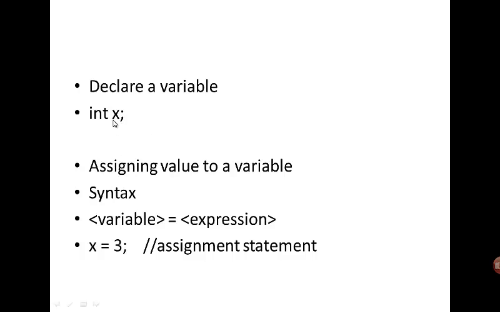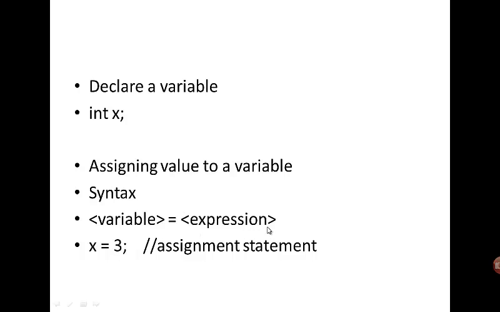int x. I'm telling the computer to reserve space in memory for this variable. After we declare it, we then need to assign a value to that variable. The syntax for that is you take the variable name, use the assignment operator, which is the equal sign, and the expression. It could be a number, it could be another variable with a value, or a method. So here we have x equals 3.